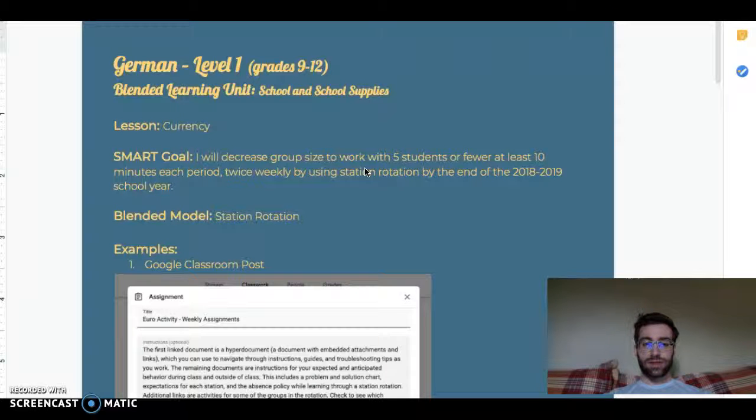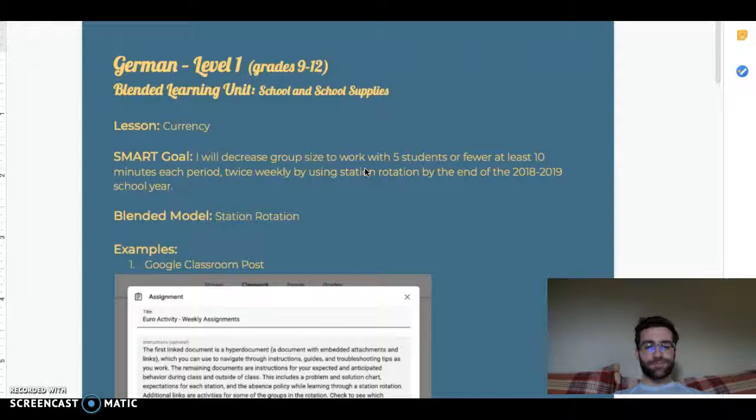So the lesson that I'll specifically be doing is currency, specifically dealing with the euro. And just to go back and take a look at my SMART goal, my SMART goal stated that I will decrease group size to work with 5 students or fewer, at least 10 minutes each period, twice weekly, by using station rotation by the end of the year 2018 to 2019.